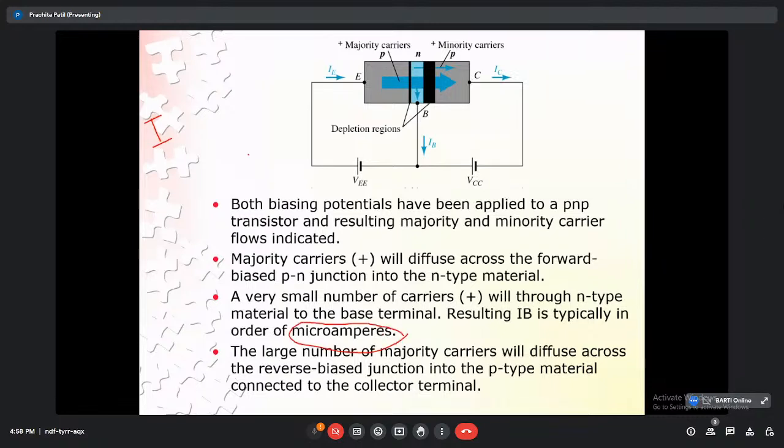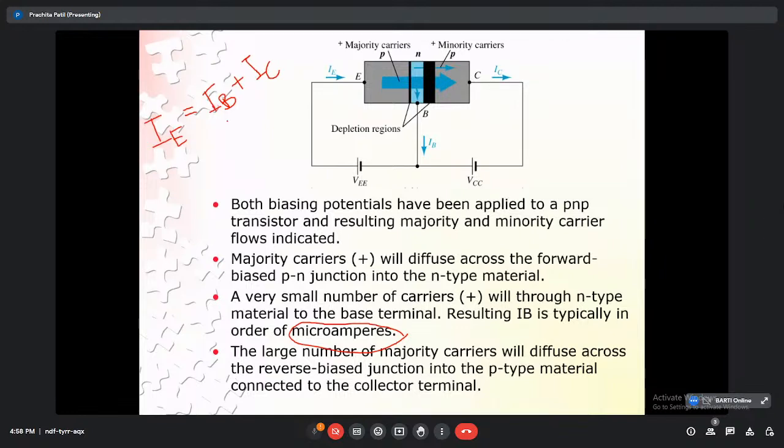If the current passing through the emitter is 100%, then it will always be equal to IB plus IC. IE equals IB plus IC.